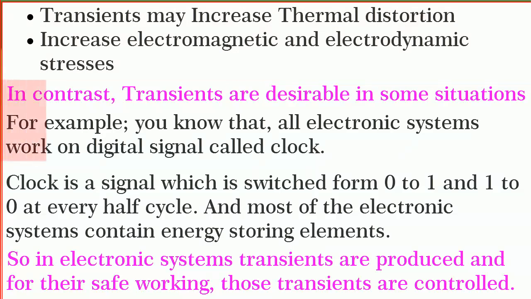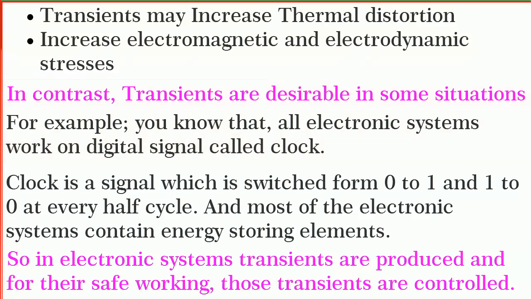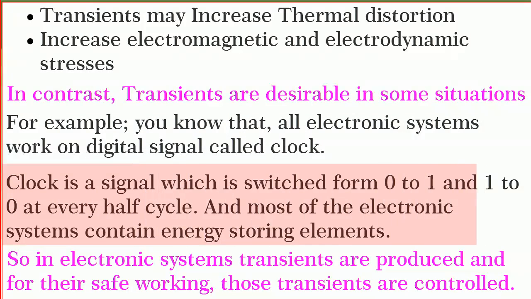But in contrast, friends, you know that all electronic systems work on digital signals, and a digital signal is a clock. And you know, a clock is a signal which is switched from 0 to 1 and 1 to 0 every half cycle. Also, most electronic systems contain energy storing elements.